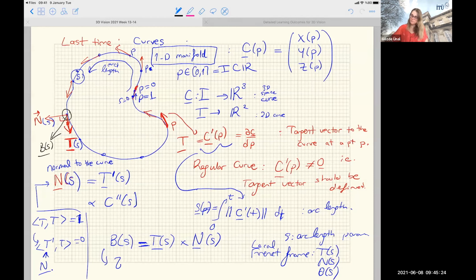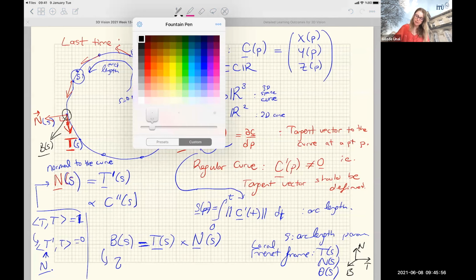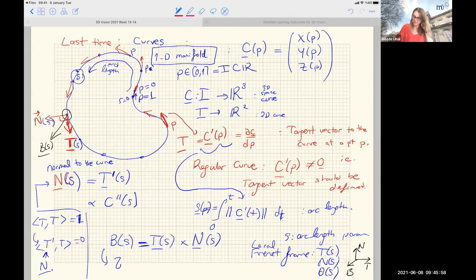And we have, for instance, T and B, okay? Local coordinate frame. And here, the important thing is the properties of the curve. Remember from the fundamental theorem of local curves in differential geometry, we should talk about curvature here. Curvature was telling us how much the curve bends.